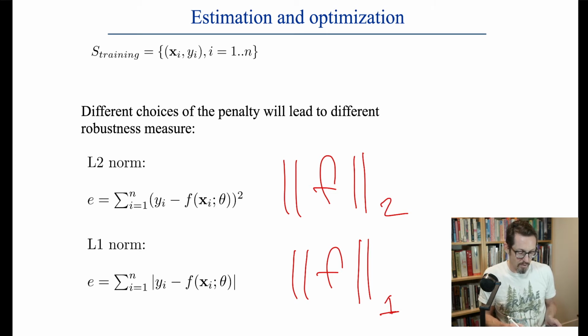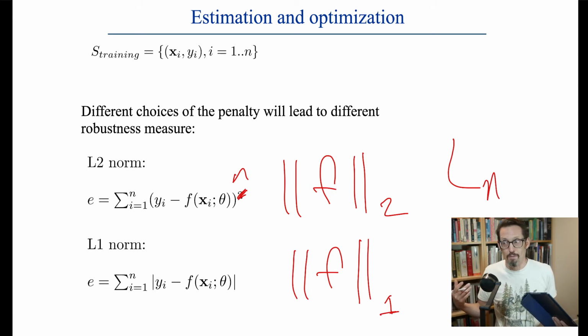And obviously you can have L sub n norms, so you can have anything. And that n is an exponent. So if you had an L of n, that would be this. Okay? But at any rate, that's getting beyond the scope of what we're talking about right here.